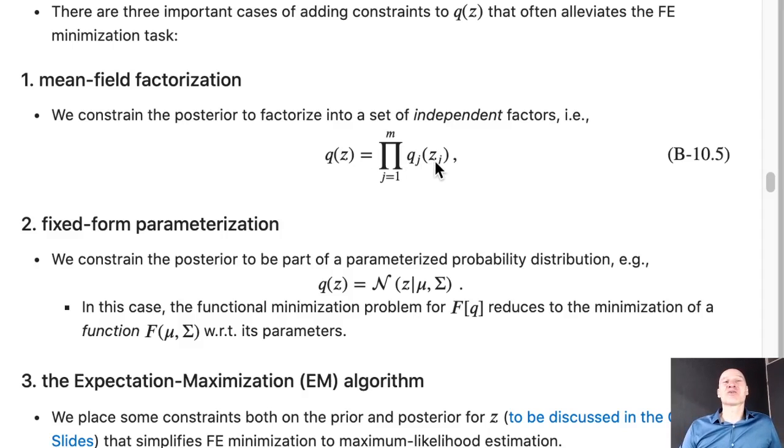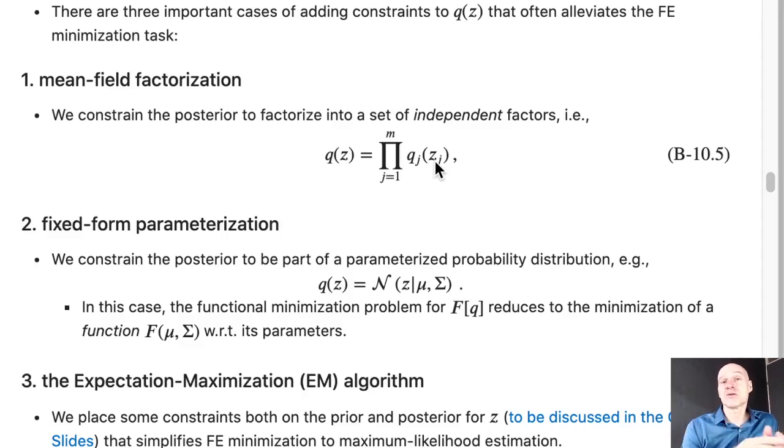So the posterior over Z1 is independent of the posterior over Z2 and independent of the posterior over Z3 and so forth.